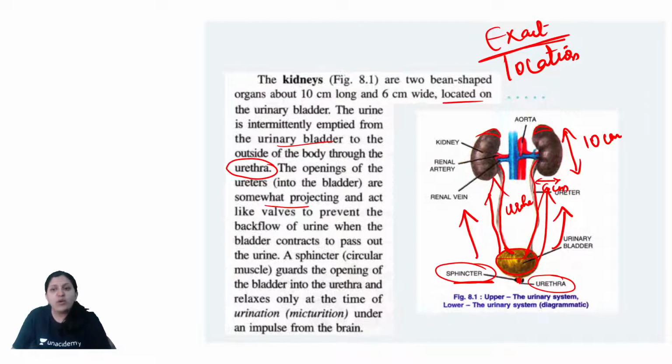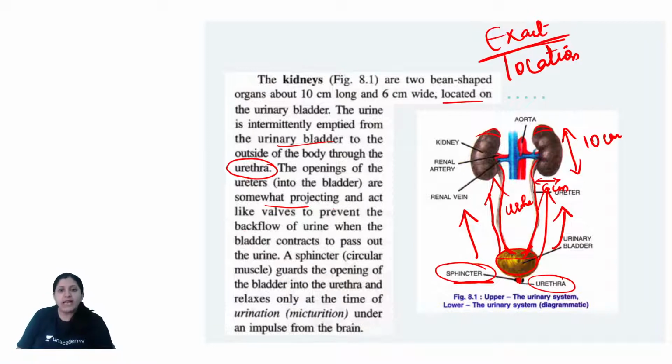In order to avoid that, this particular ureter is somewhat projecting like this. When it is projecting, the fluid will not easily move into the ureter. If it is straight, when the contraction occurs, the fluid can easily move against gravity, but when it is projecting, the easy movement is not found.